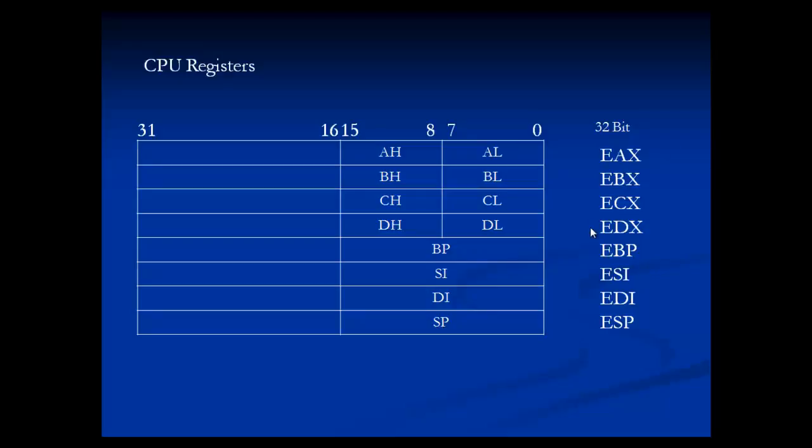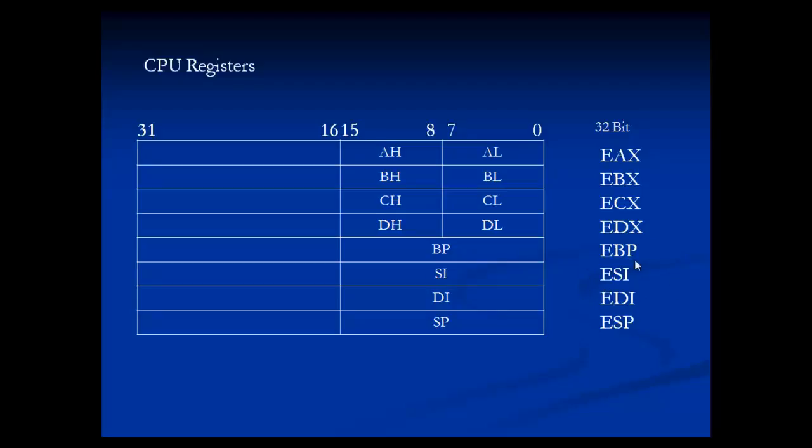And ECX is the count register. This is a universal loop counter. It functions similar to a variable we use to set up a loop counter value. And this EDX is an extension to the accumulator, and it is useful for storing data related to the accumulator's current location.